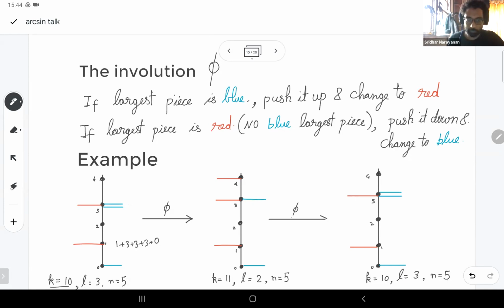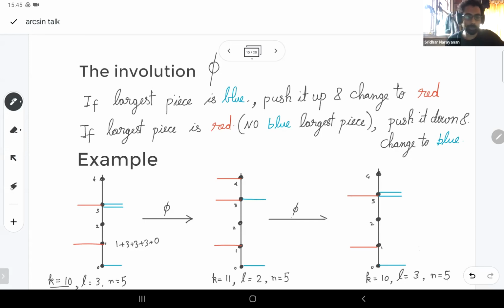That's not going to change. It's 5. So when we push the piece up, we are increasing K by 1. So this is 1 plus 3 plus 3 plus 4, which is 11. And the number of blue pieces has decreased by 1, so L has decreased by 1. So K has increased by 1 and L has decreased by 1.